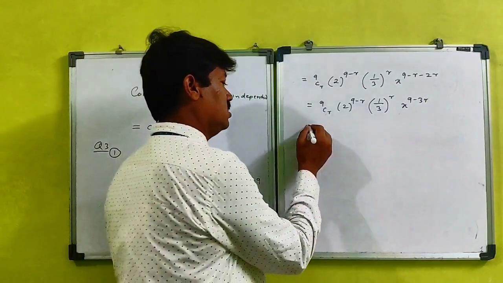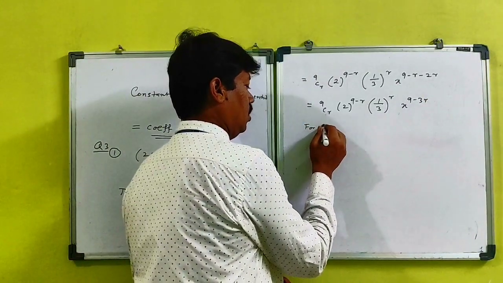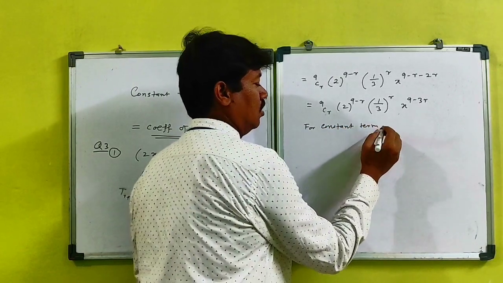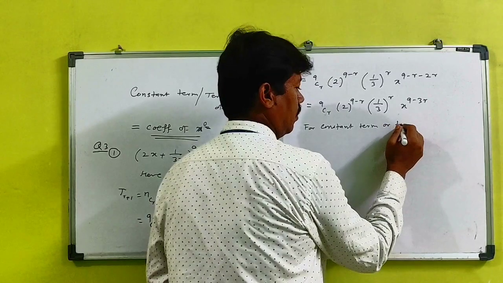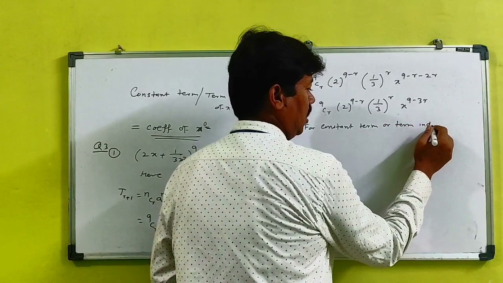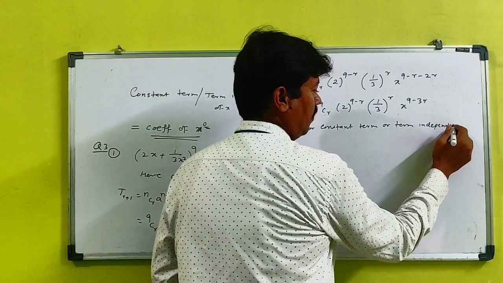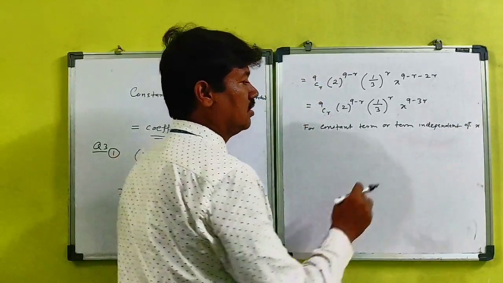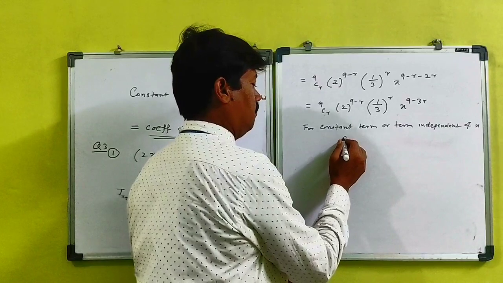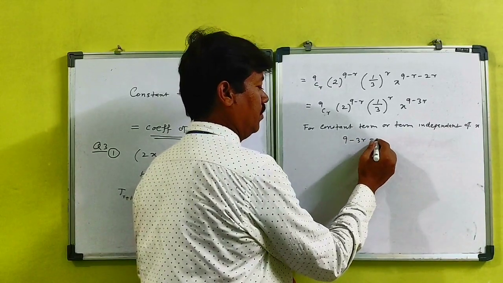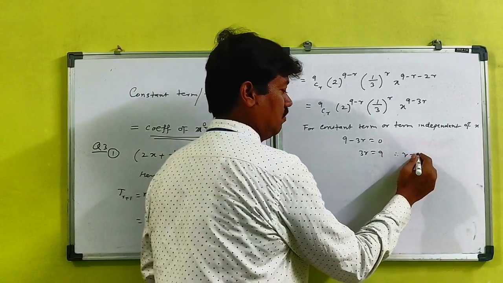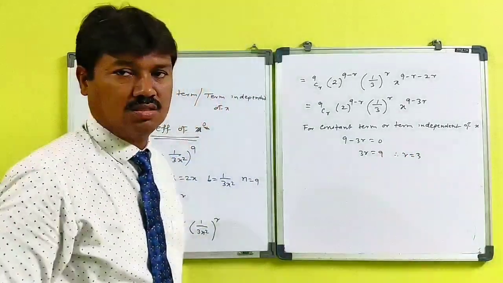For the constant term or term independent of x, what to do? You have to equate this power with 0. Therefore 3R is equal to 9, so R is equal to 3, like this.